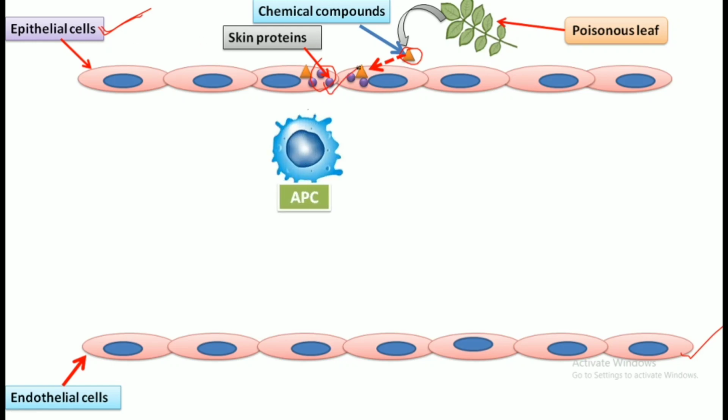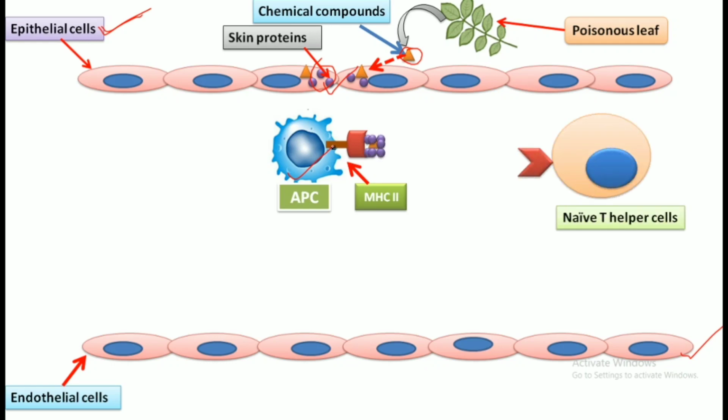So the immune system now recognizes the altered protein through a specialized cell known as the antigen presenting cell. They present this antigen to the naive T helper cell with the help of MHC class II receptor.